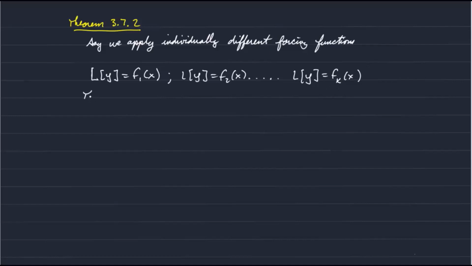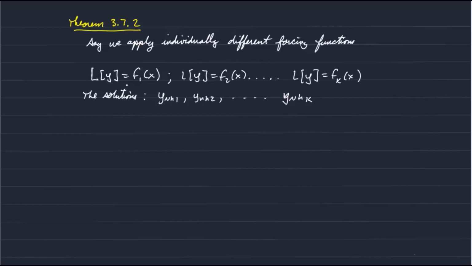And so the solutions would be YNH1, YNH2, all the way out to Y non-homogeneous K. So these are the non-homogeneous solutions to these different forcing functions.